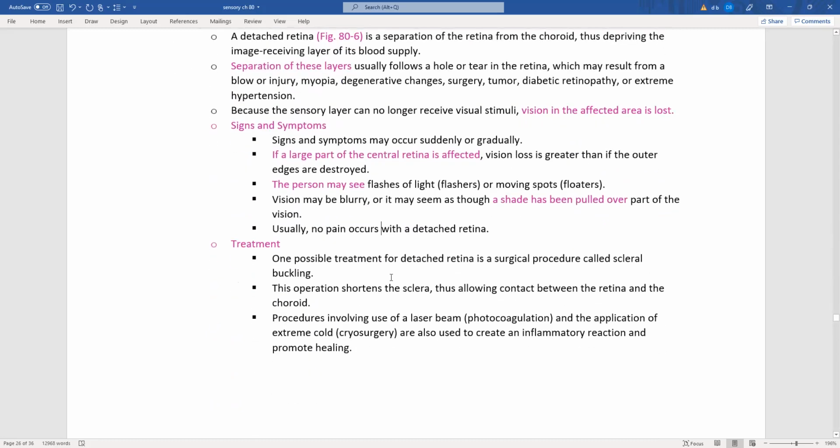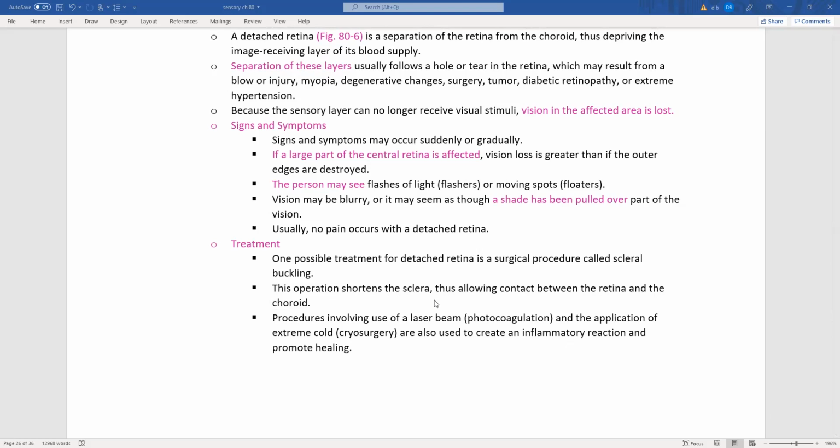Treatment. One possible treatment for detached retina is a surgical procedure called scleral buckling.